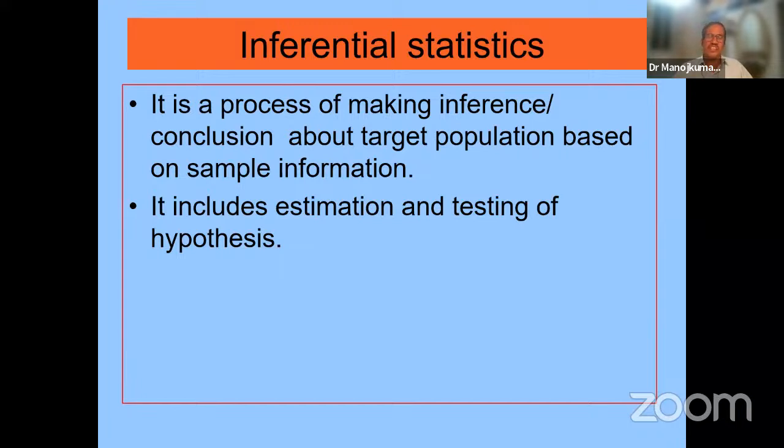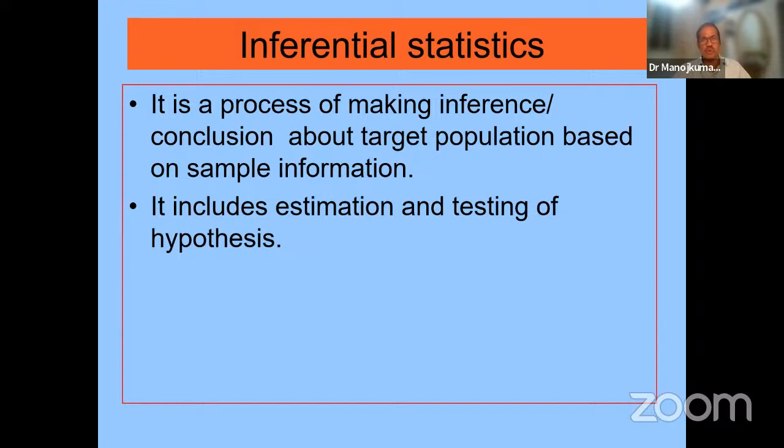The second aspect is testing of hypothesis. Testing of hypothesis refers to when we have stated our hypothesis, we want to confirm or refute it. Say, for example, a marketing company may be interested to know whether its product is popular in urban or rural areas.